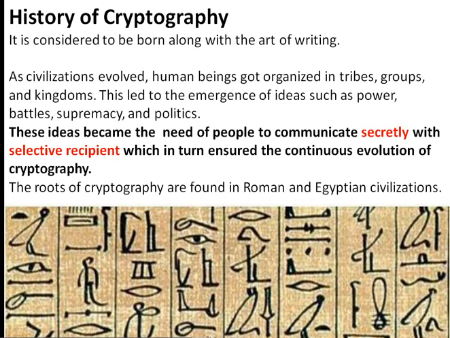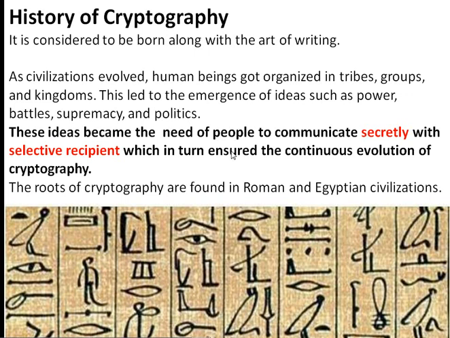So what is the history of cryptography? It was born along with the art of writing. As civilizations evolved, human beings got organized in tribes, groups and kingdoms. This led to the emergence of ideas such as power, battles, supremacy and politics.